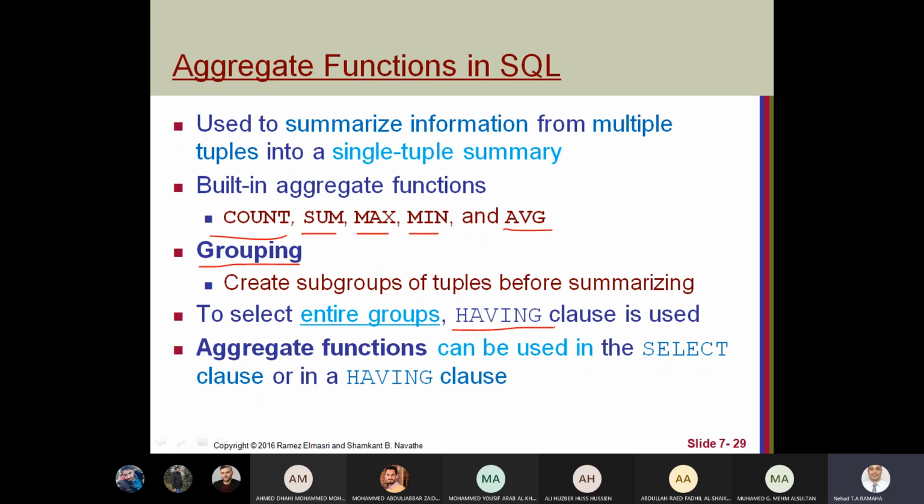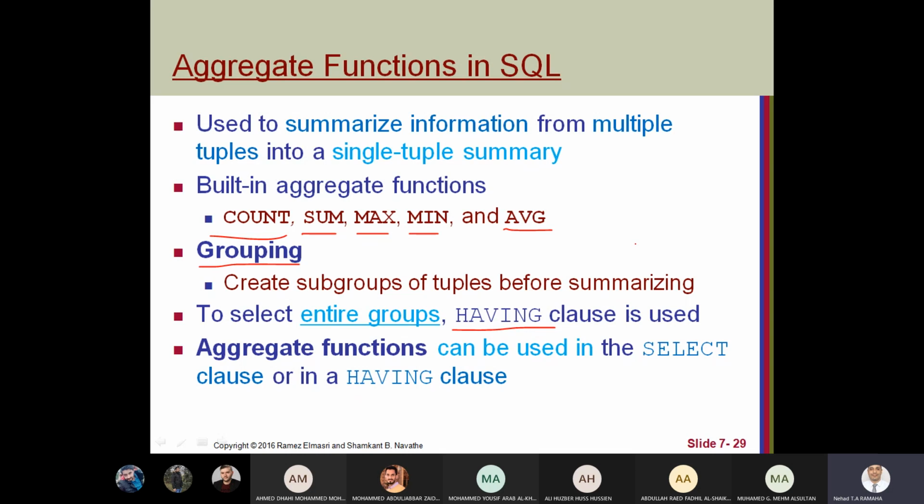For example, I want to get information about departments that have more than 2 employees. So like this, you use having, where the count of employees is more than 2, and so on. We will take examples.